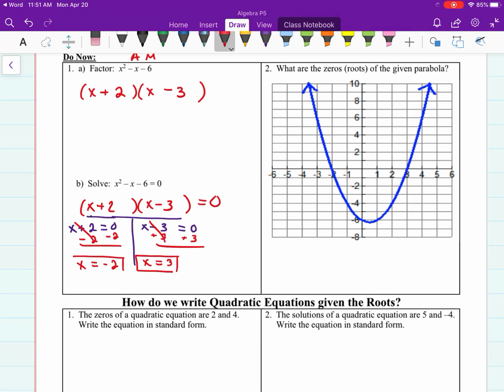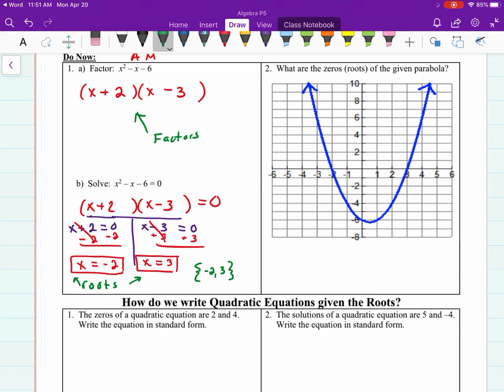Remember that these are called roots. You can write your answers in a solution set. One of the roots is -2 and the other one is 3. And remember, up here, these are called factors. Factors are what's in the parentheses, and then the roots is what you get after you T off.